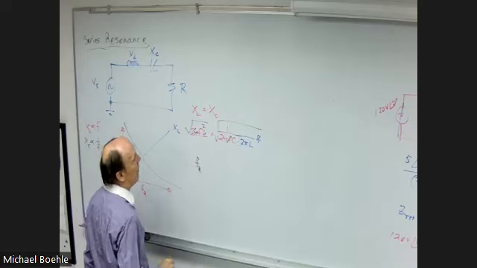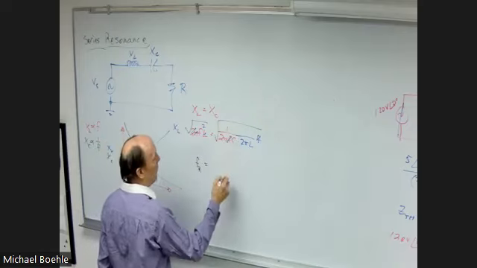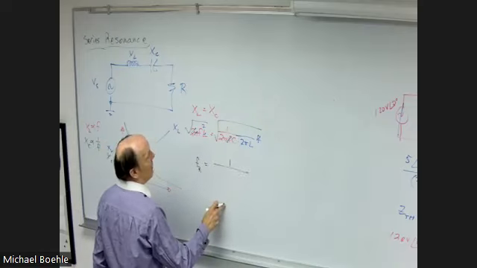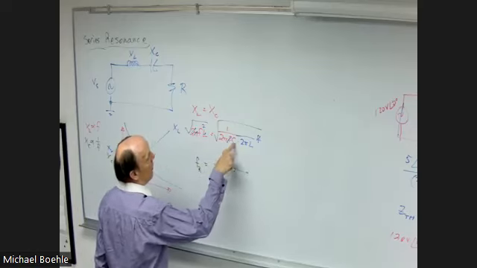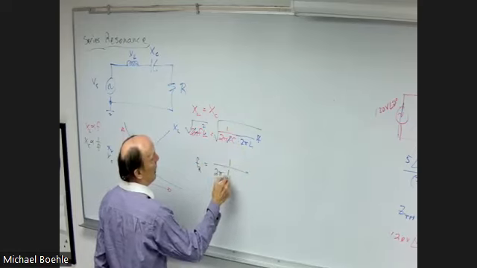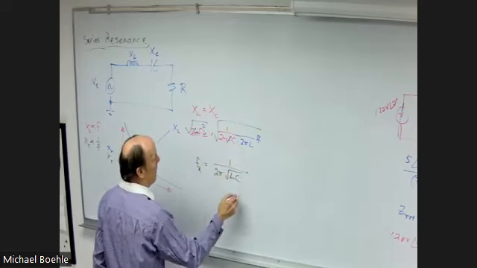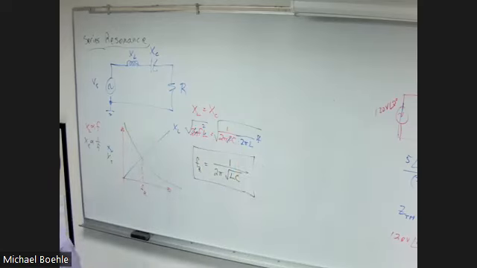This is my resonant frequency, and that will be equal to the square root of 1, which is 1, divided by 2 pi times the square root of inductance times capacitance. That is my resonant frequency. Plain and simple, nothing else to it.